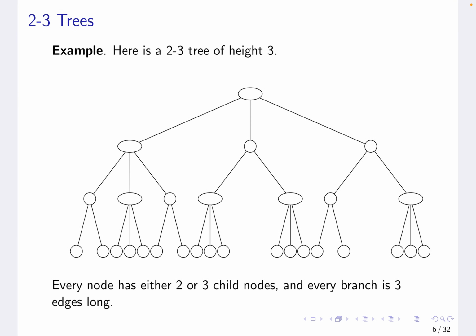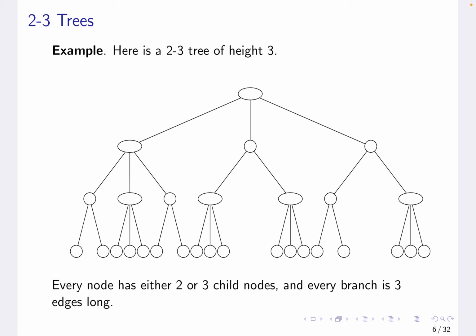As I talked about on Thursday, 2-3 trees are trees, like binary trees, but they have a different definition that forces them to be balanced and also forces us to kind of complicate the algorithms for the big three: inserting, searching, and deleting elements.